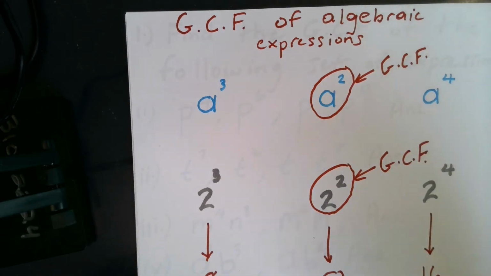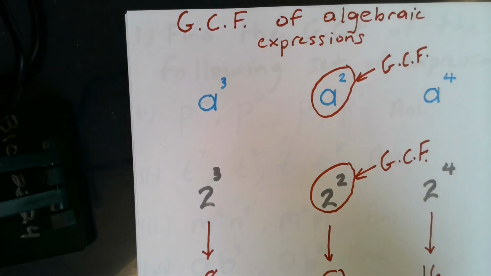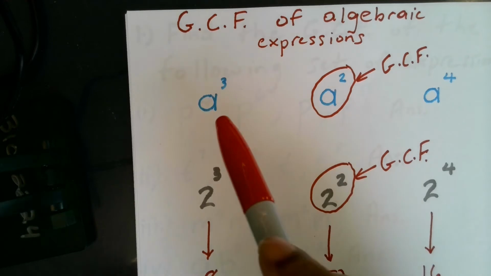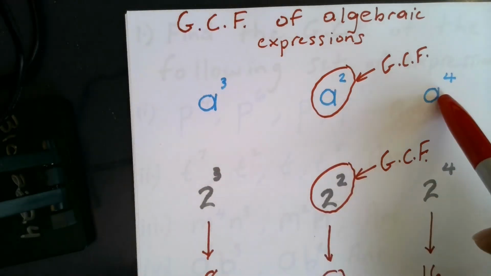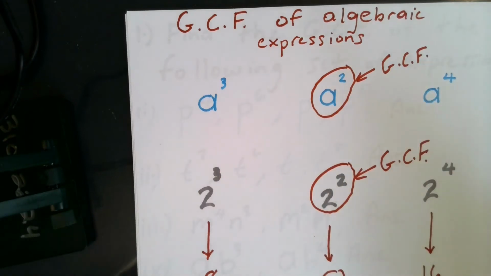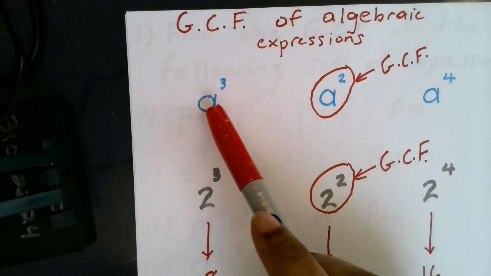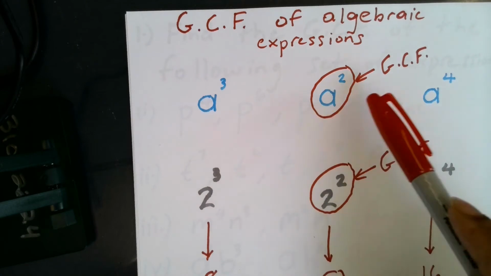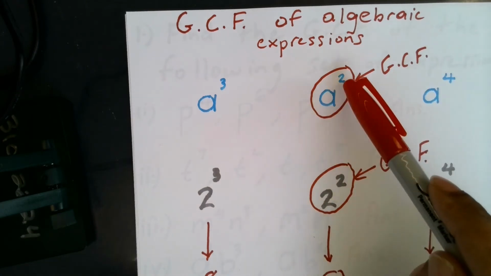All right? So if you want to know what the G.C.F. of a set of expressions is when the base is the same, you look for the expression that has the smallest exponent.